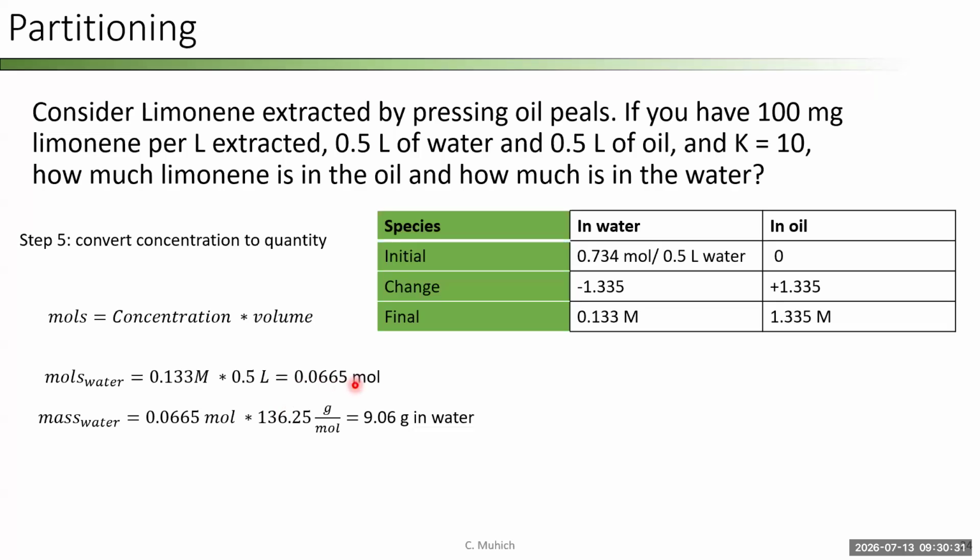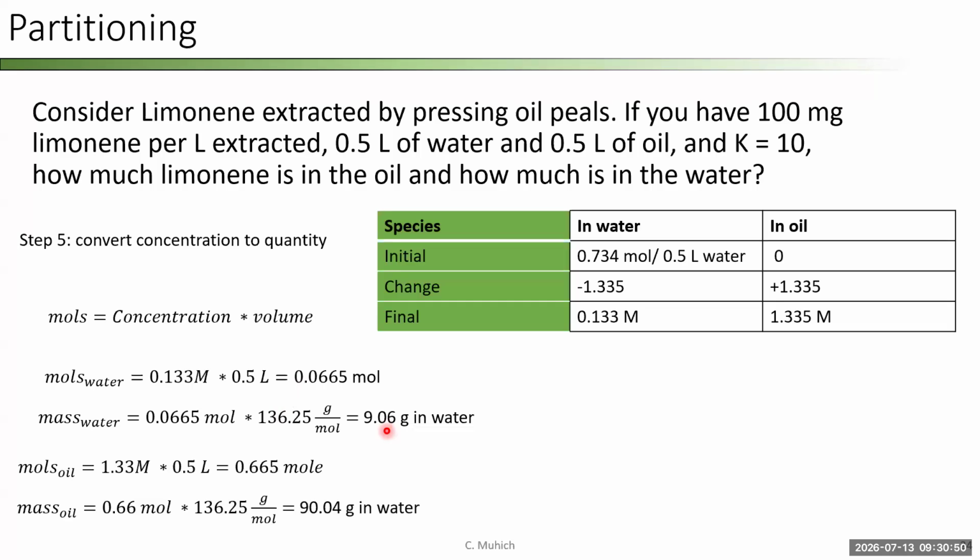If I want to turn this into a mass, all I need to do is multiply the number of moles by the molar mass. In this case, 136.25 grams per mole, leaving me with 9.06 grams of the limonene in the water.